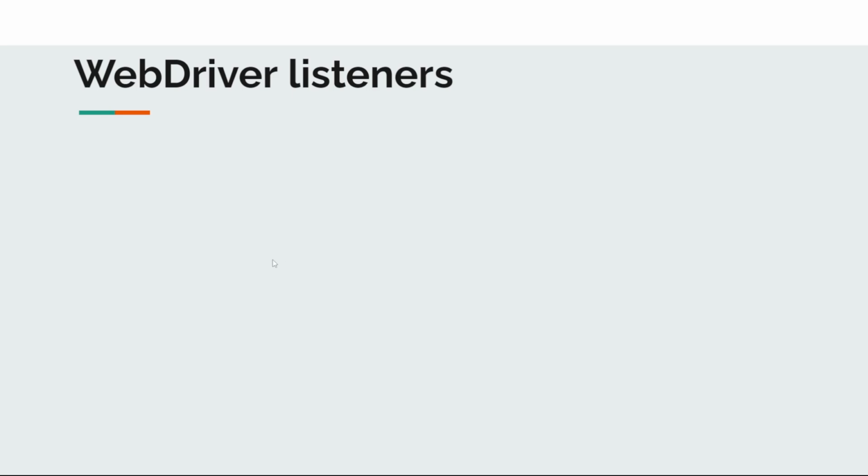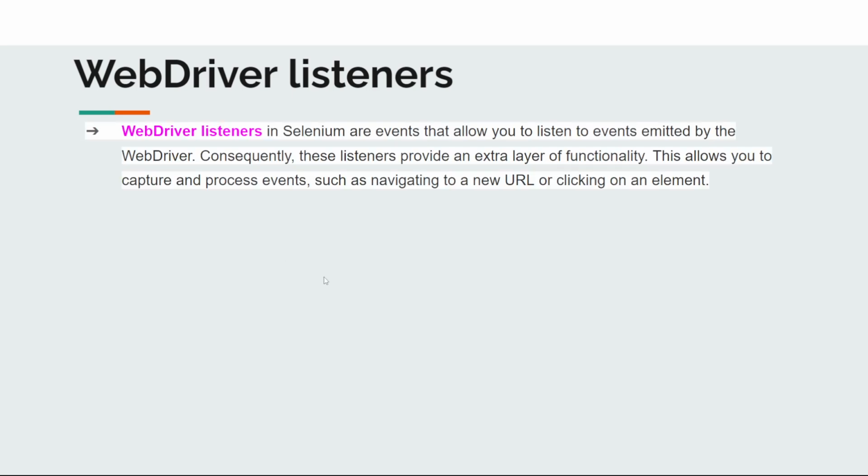So what is a WebDriver listener? WebDriver listeners in Selenium are events that allow you to listen to events emitted by the WebDriver. Consequently, this listener provides an extra layer of functionality. This allows you to capture and process events such as navigating to a new URL, clicking on an element.